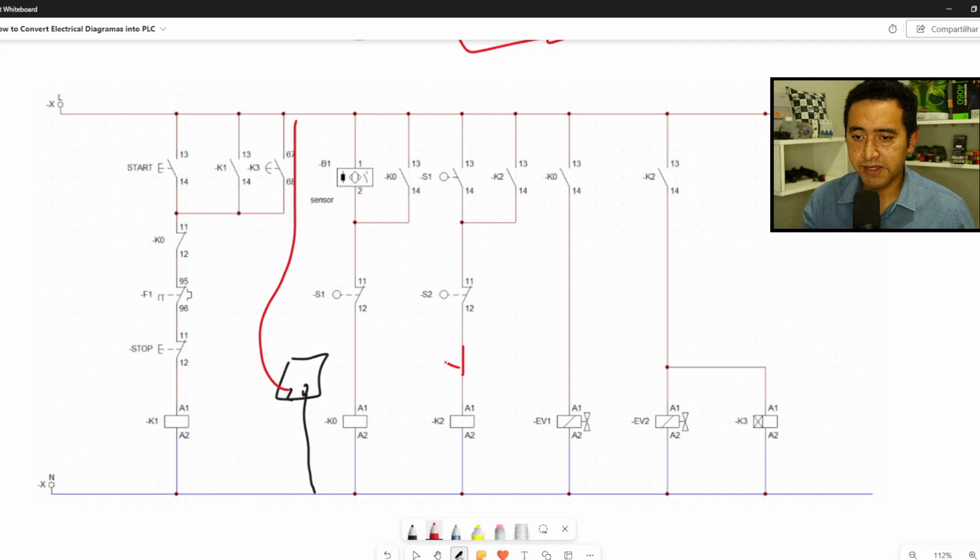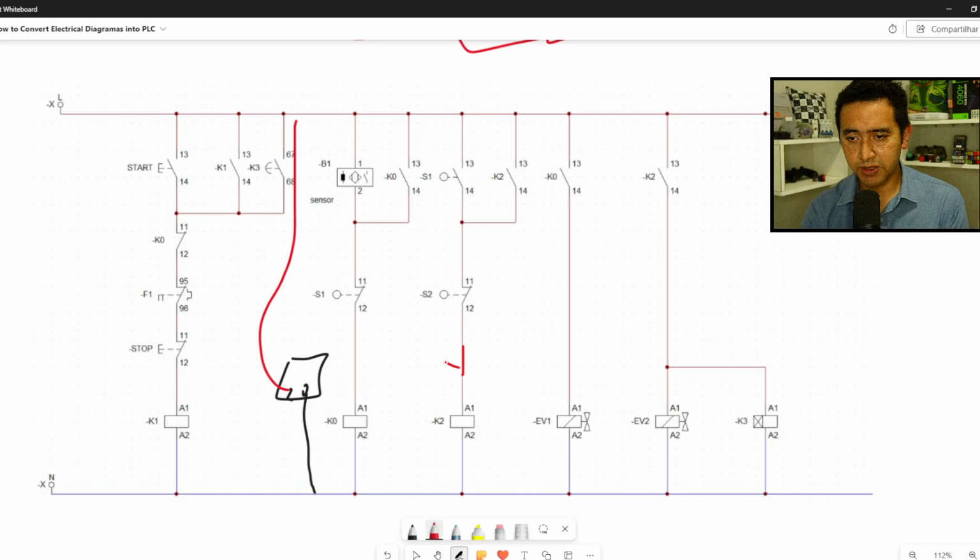Then, like I said in the beginning, when we have control diagrams, every time that I have an electrical problem or I have to change my logic, I need to come here to the machine and change my wiring physically. That is the greatest advantage that we can bring with the PLC.